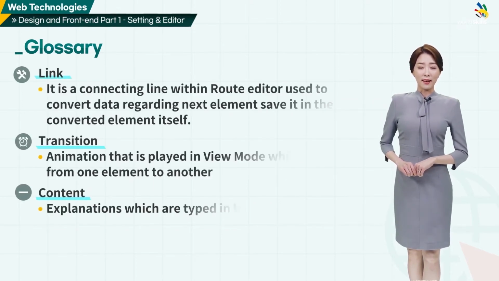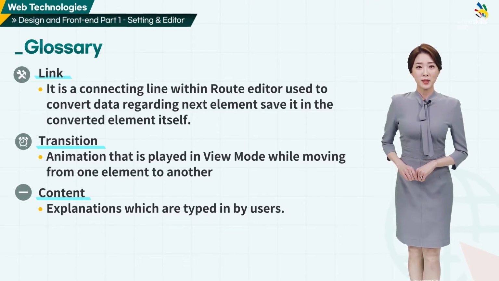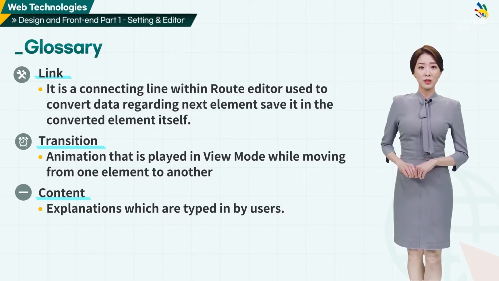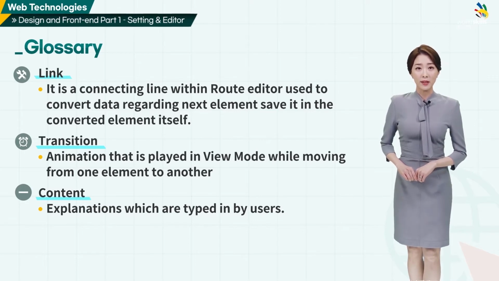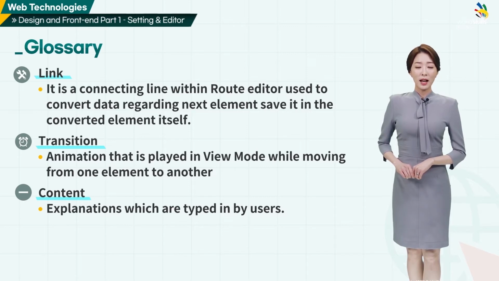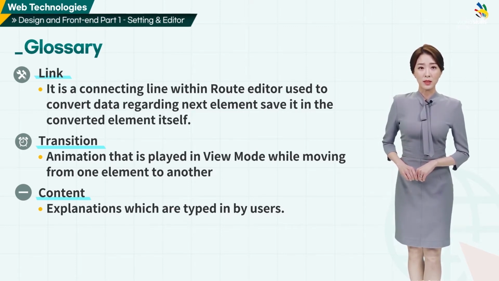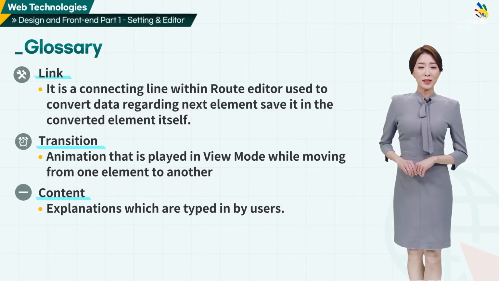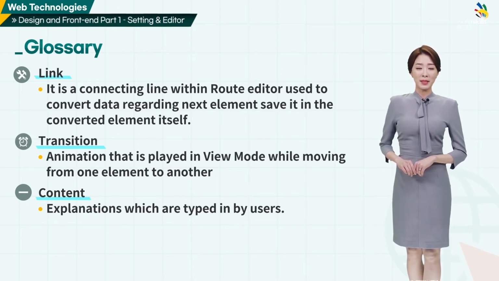Fourth, Link is a connecting line within Route Editor, used to convert data regarding next element and save it in the converted element itself. Fifth, Transition is an animation that is played in view mode while moving from one element to another. Sixth, Content means explanations which are typed in by users.